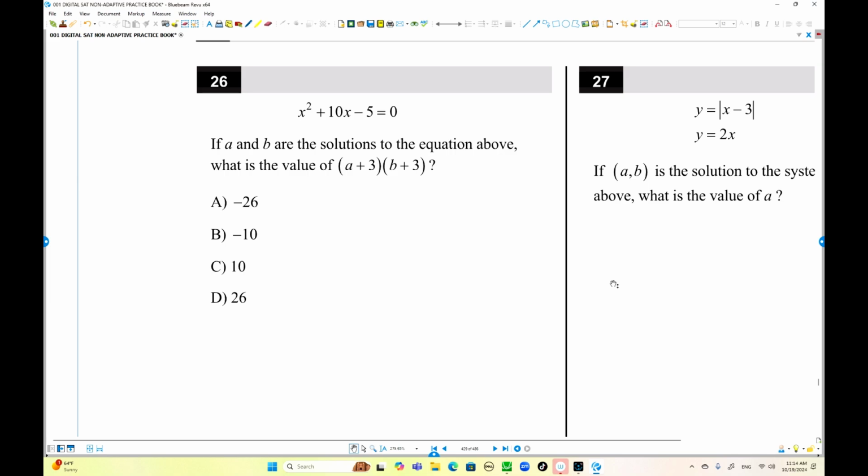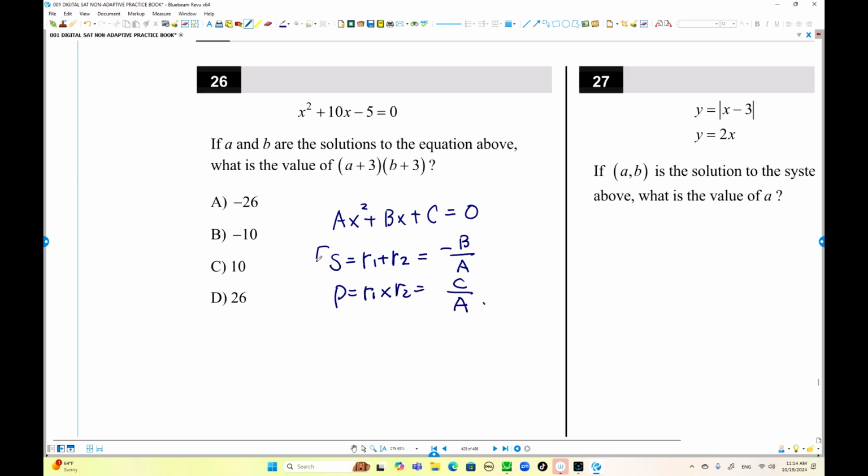If you know Vieta's formulas, if you have ax squared plus bx plus c equals 0, the sum of the two solutions equals negative b over a. The product r1 times r2 equals c over a in the quadratic.